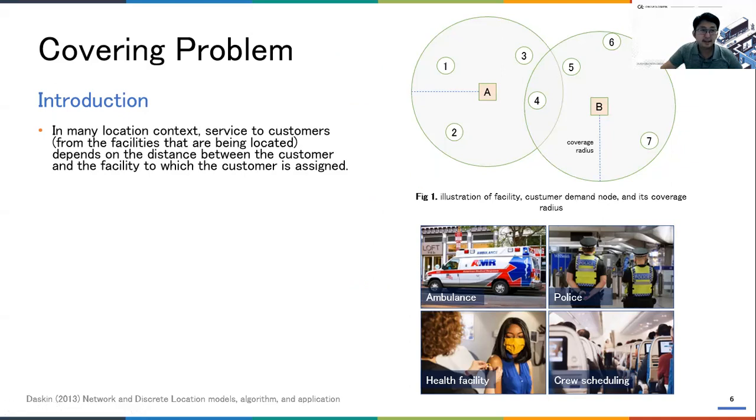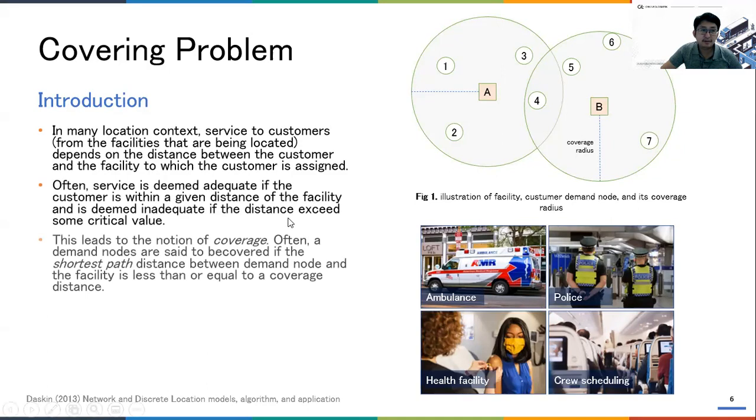Now covering location is about how you decide where you will put the facility so that the coverage area of this facility is covered. Covering location has several branches, like set covering or maximum covering problem.